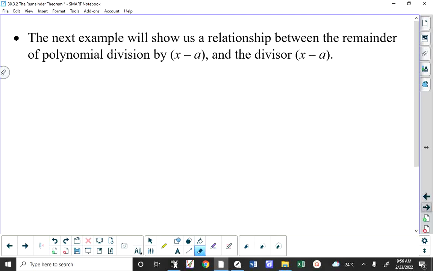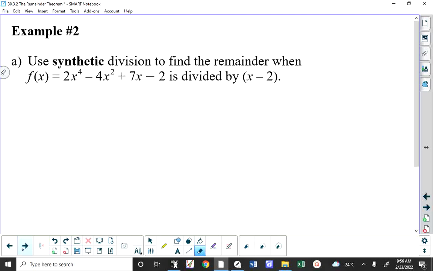Okay, in the next example, we're going to understand the relationship between the remainder and the divisor. There's a really cool relationship here. So we're going to divide 2x to the 4 minus 4x squared plus 7x minus 2 by x minus 2, and we can do it rapid fire quickly using synthetic division. But don't write anything down just yet, please.